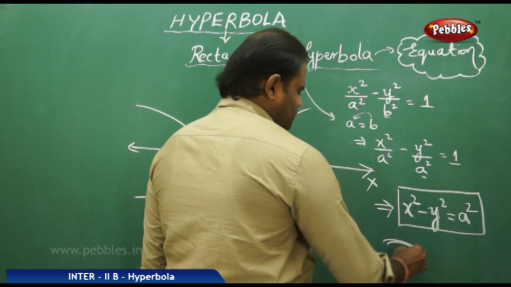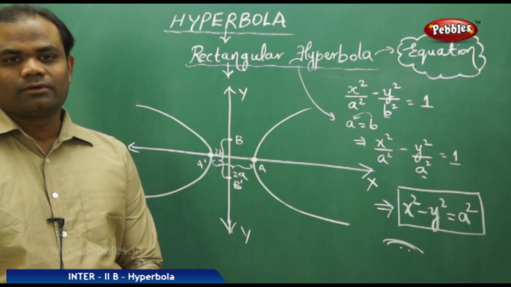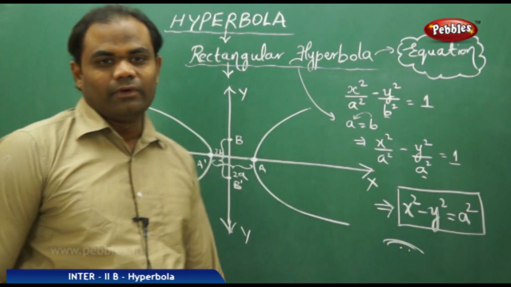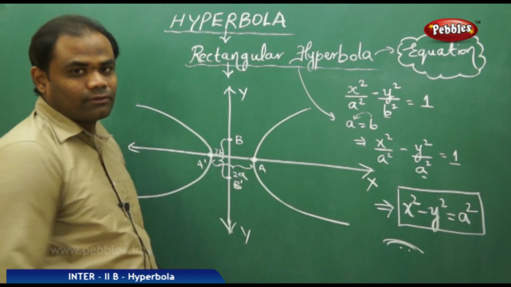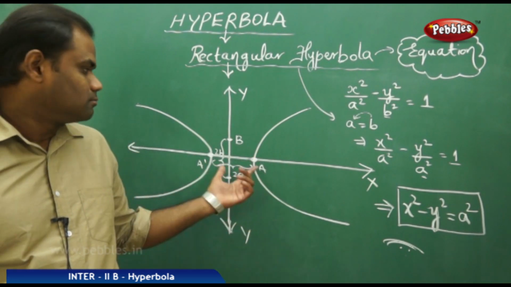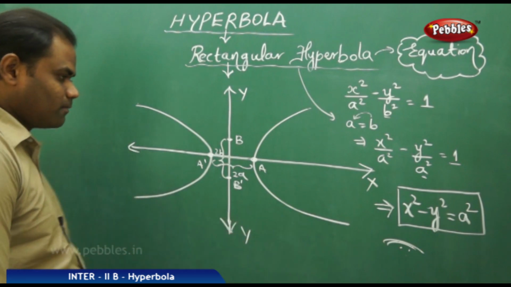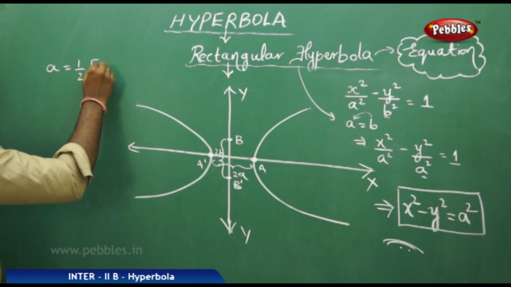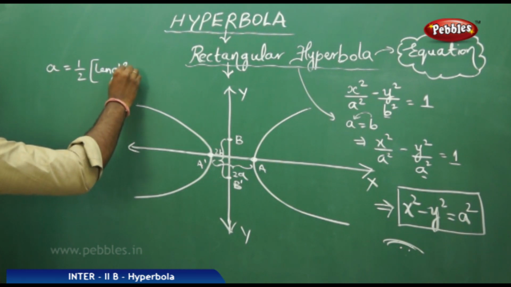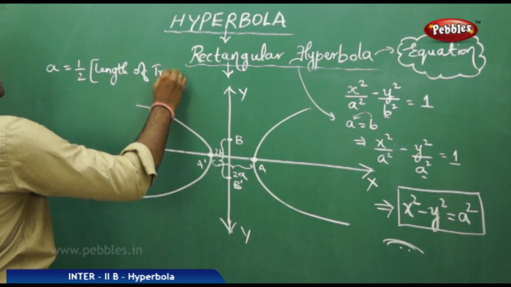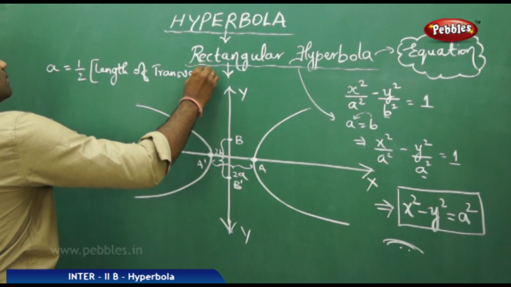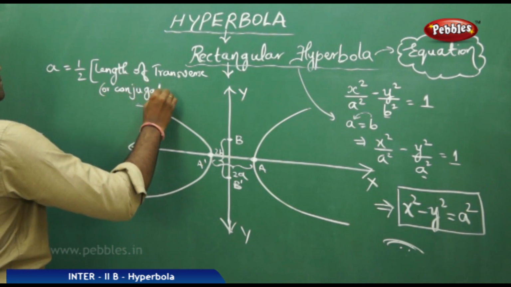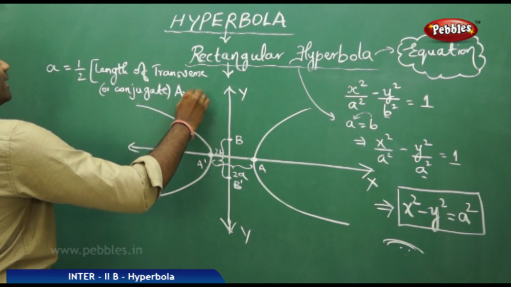This is how I identify the equation of a rectangular hyperbola: x squared minus y squared equal to A squared, where 2A is the length of the transverse axis or the conjugate axis, so A is half the length of the transverse or conjugate axis.